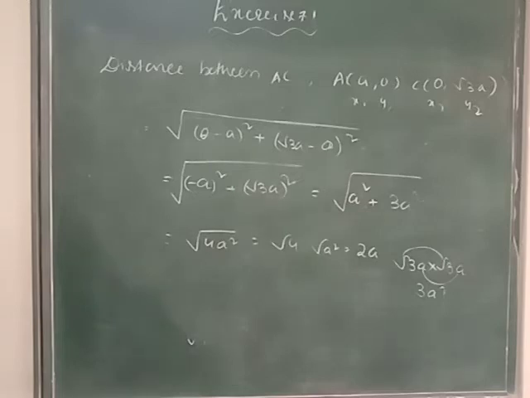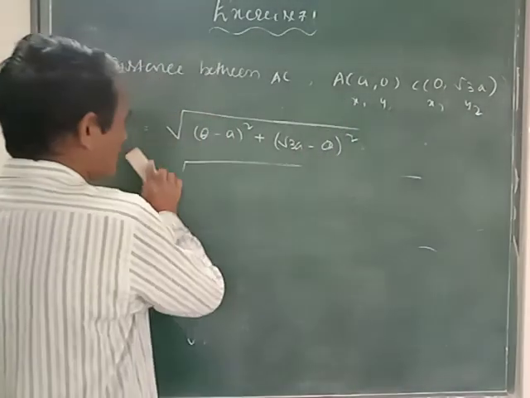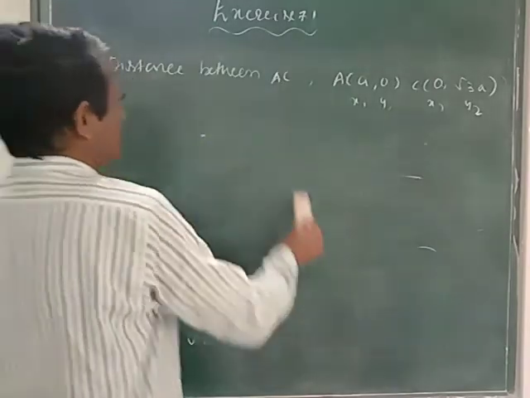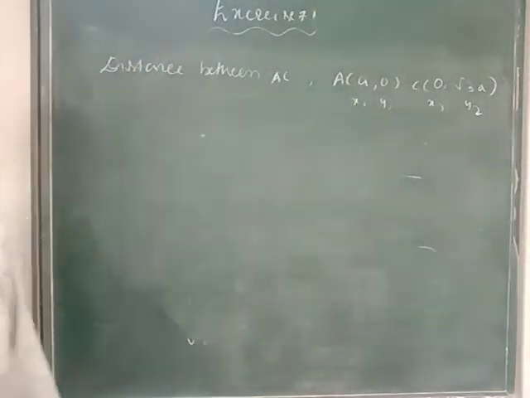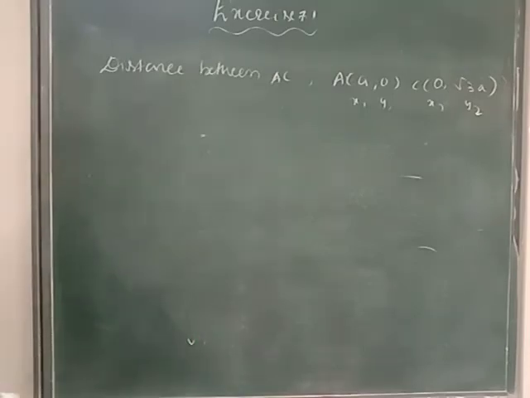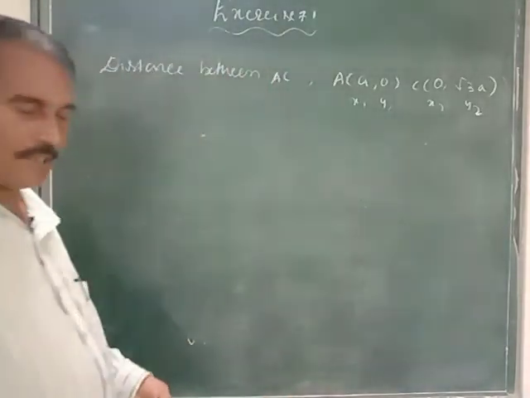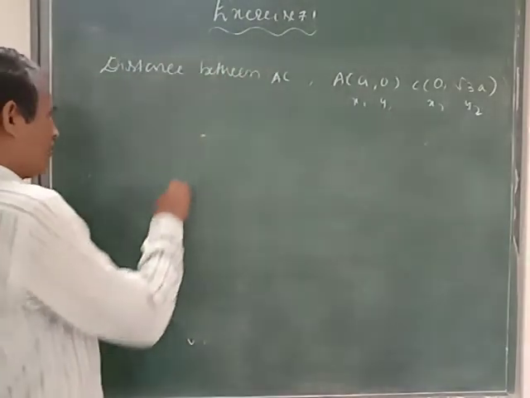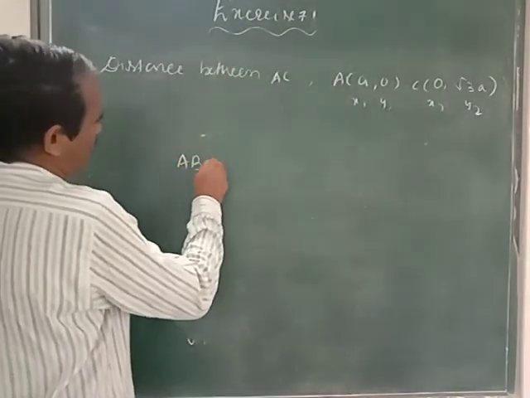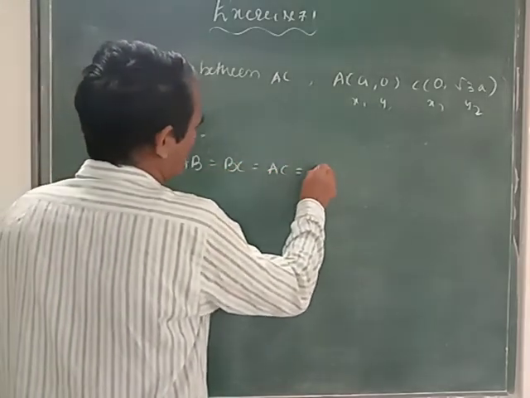So this is an equilateral triangle. Now write the conclusion. That is important. Till you complete it, suppose it is given 4 marks, you will get 3.5 from there. What do you have to prove? AB is equal to BC is equal to AC is equal to 2a.